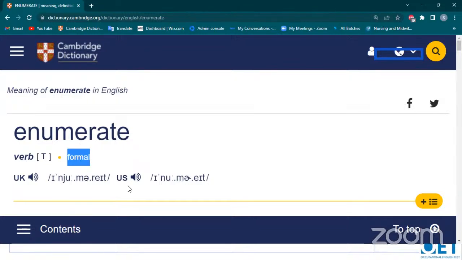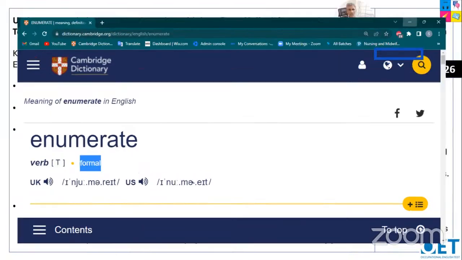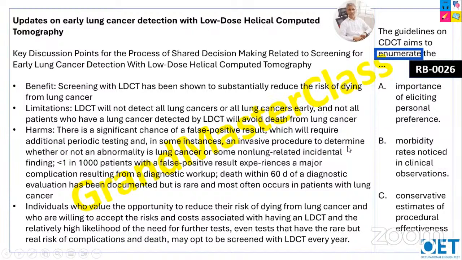That's why you did not understand. So make a list of all the things. Enumerate also means highlight, focus, concentrate, pay attention to, underline, give stress, importance.